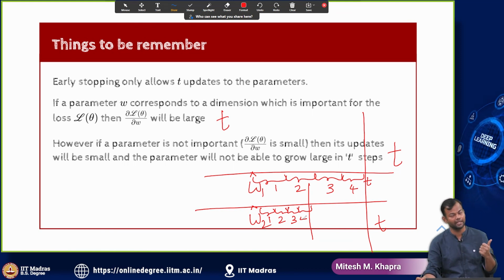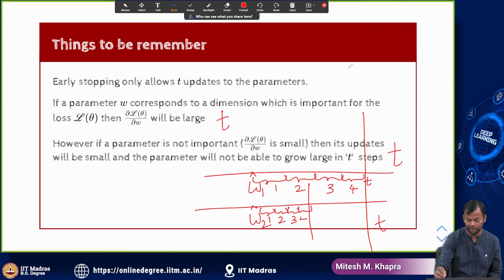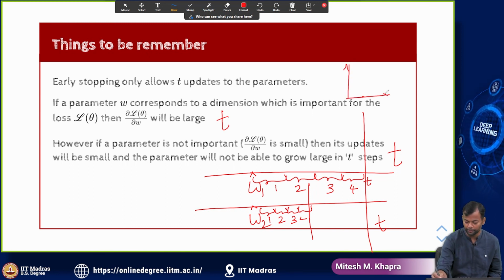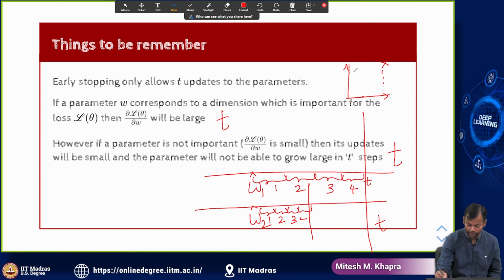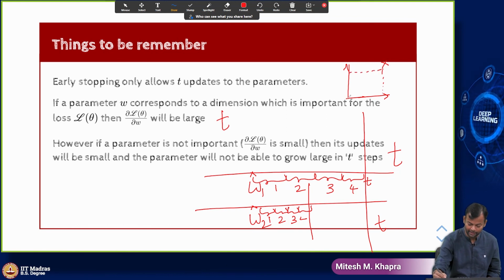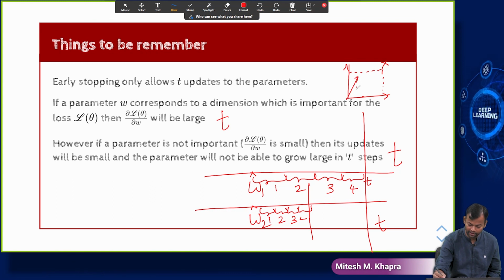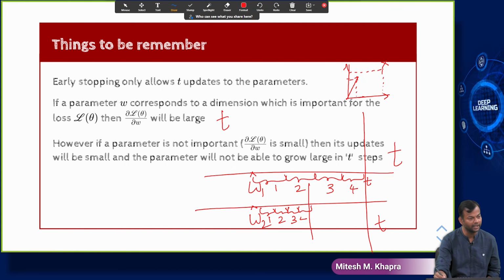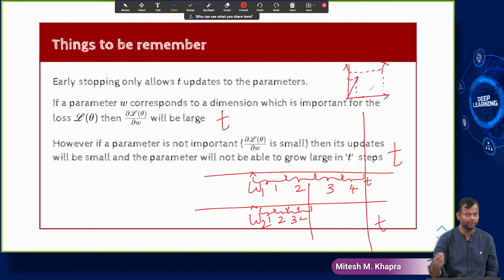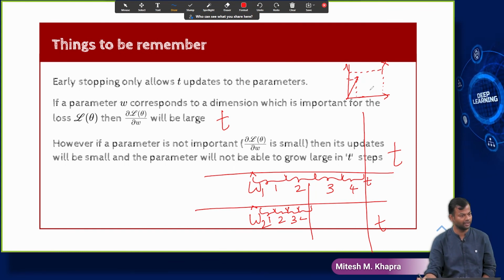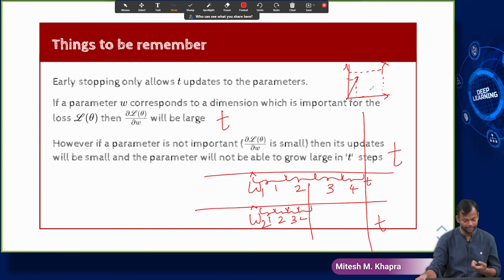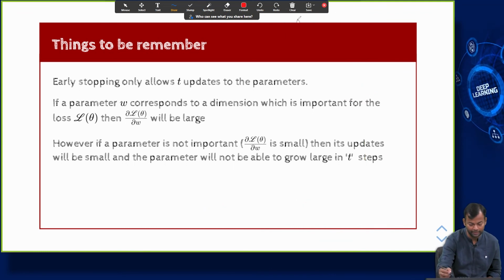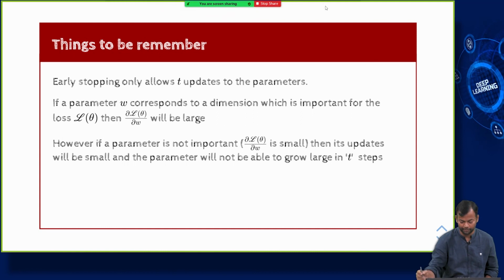And the same thing we had seen in the case of L2 regularization, where we had that figure where W1 and W2 were initially some value, and then both had shrunk. But the less important one had shrunk more, whereas the more important one had shrunk less, right? So the same thing we had observed there. The same behavior actually happens implicitly in the case of early stopping also.